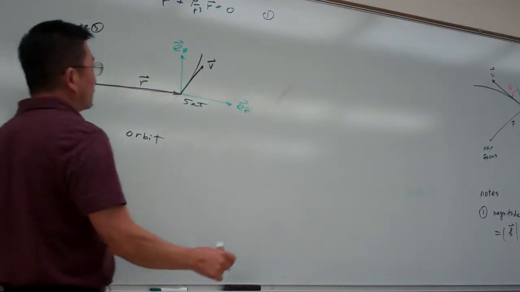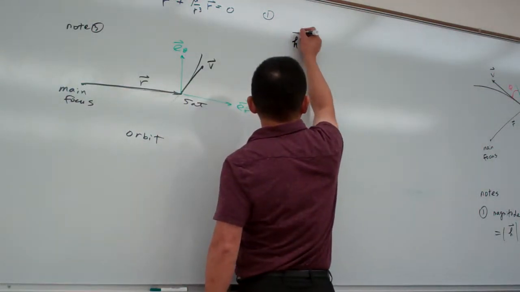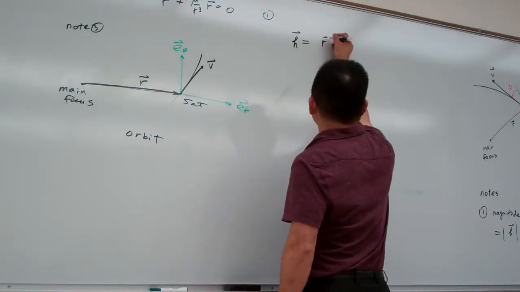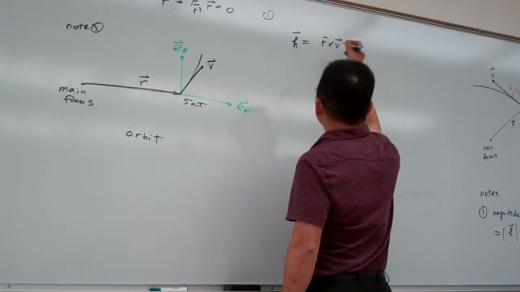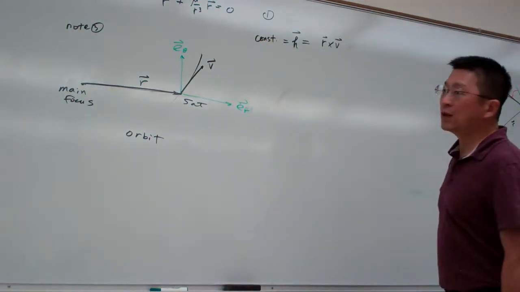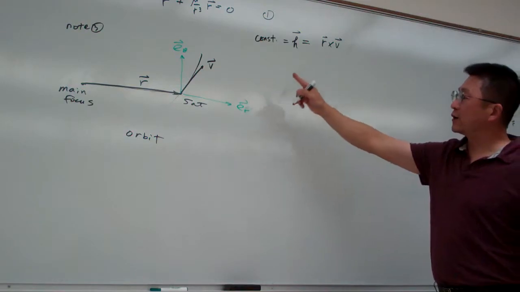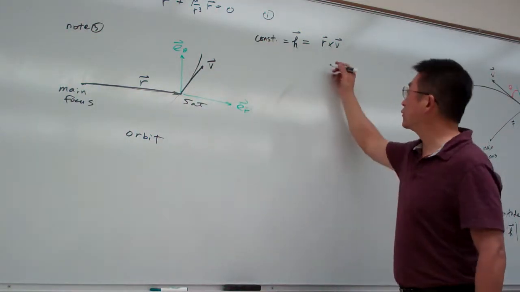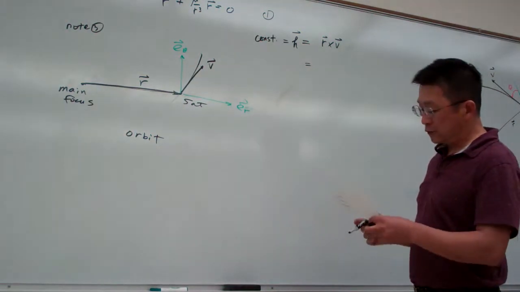Okay, so again we have known the angular momentum is r cross v, and we know this one is constant. And right now, based upon the selected polar coordinate system, we can see how we can do it.